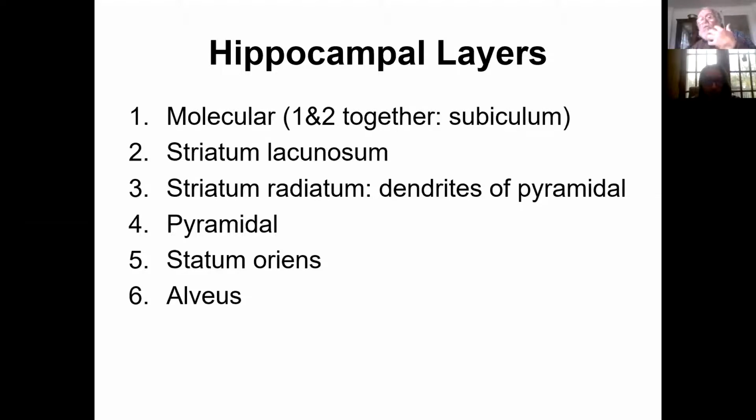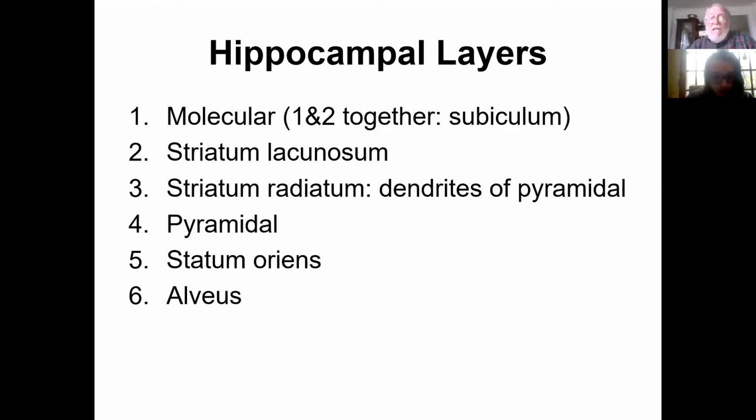Rather, you have a stratification of function so that you create hippocampal layers. Some of the layers are there to do what? To gather in the inputs. Some of the layers are there to synthesize the response. And then finally, there are layers there to send out an output.